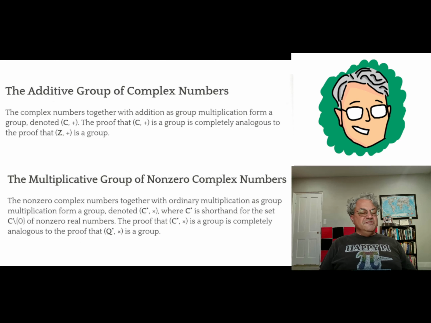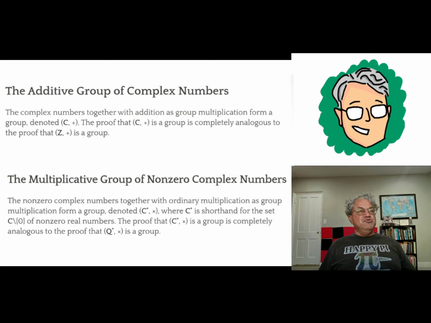What about associative? Once again, complex multiplication is associative. I'm not sure if I proved that, but it is true. It's not too hard to prove in terms of the associativity of ordinary multiplication. And then what about identity and inverse? Well, 1 is once again the multiplicative identity of the complex numbers.